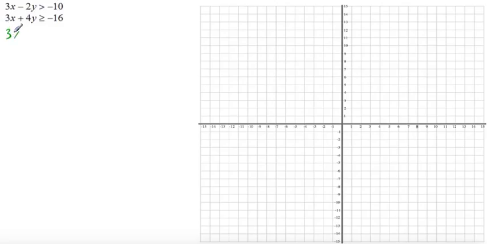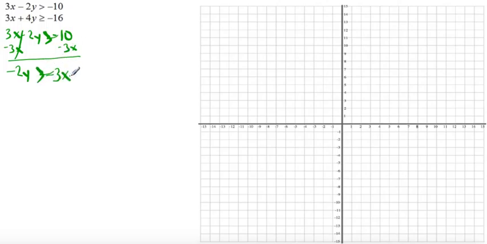So I have 3x minus 2y is greater than negative 10. So I subtract 3x on both sides. I have negative 2y is greater than negative 3x minus 10.